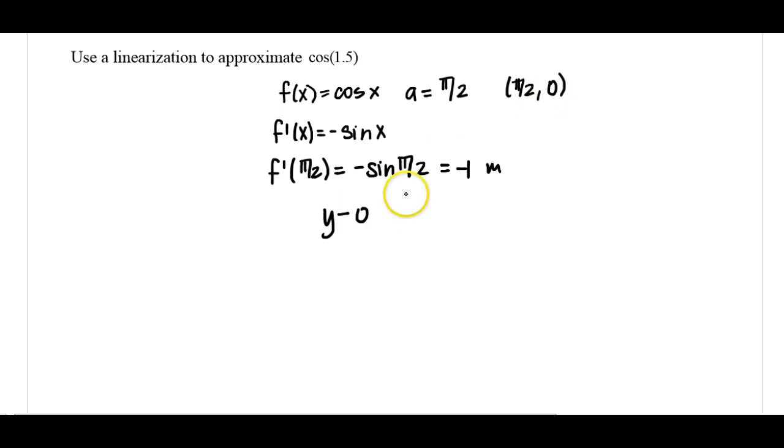So here's my y1 equals m, my m value was negative 1, times x minus pi over 2. Alright, so here's my tangent line approximation. So the cosine function is pretty close to this tangent line at the value pi over 2.